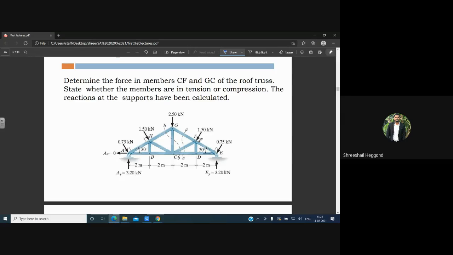As we said in the assumptions of trusses, all loading conditions will be on the joints only, and each joint will act as a pin joint.